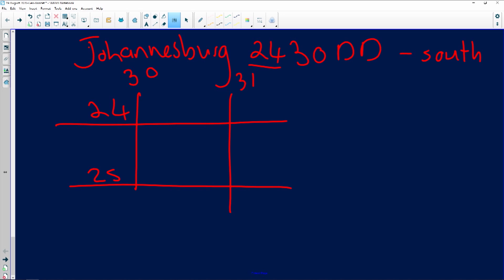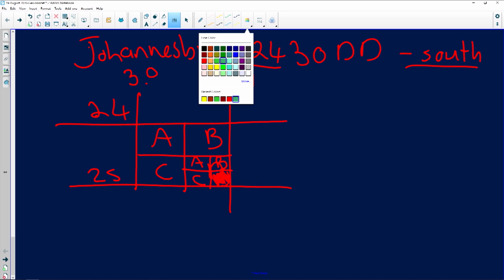The first D represents big block because we take our grid and we divide it up into 4 blocks, A, B, C, D. And the second D represents small block, A, B, C, D. So we know Johannesburg is situated at 24 degrees latitude, 30 degrees longitude, big block D, small block D. Now the question was asked, provide the map code south of Johannesburg.